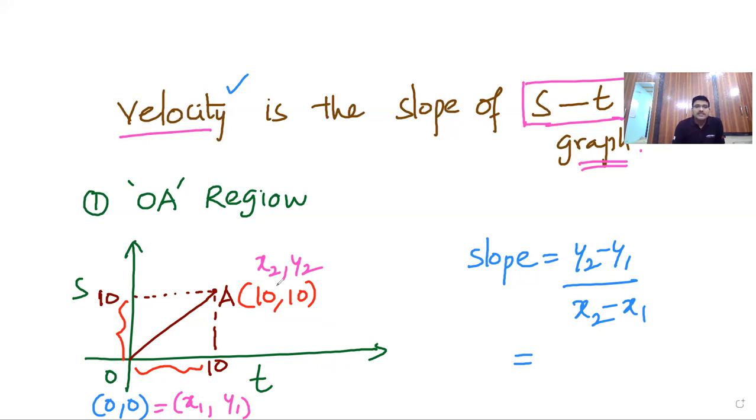Similarly, for point A, x2 is 10, y2 is 10. Then substitute these values here.